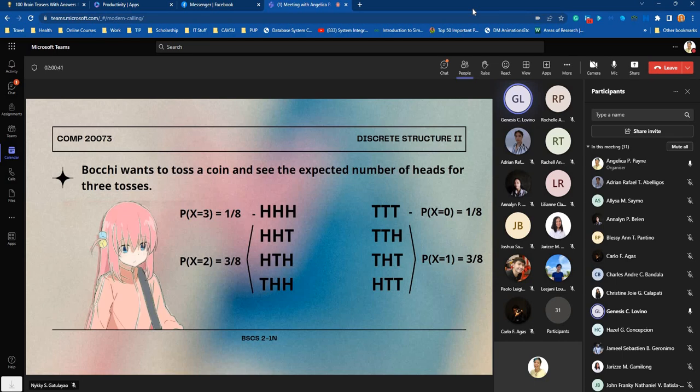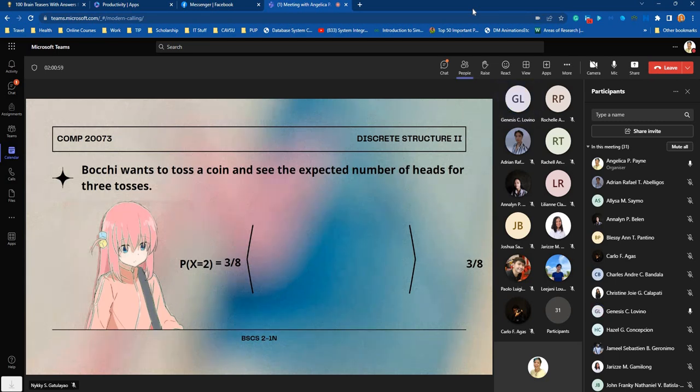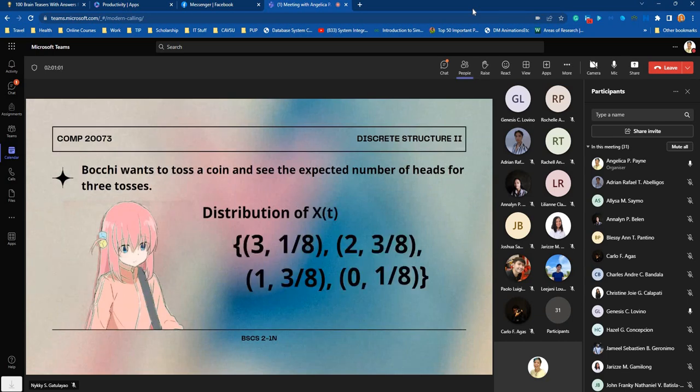So, kung titignan natin yung ating formula kanina, it is the sum over all elements. It's a sum of the product of the probability and the value ng ating heads. So, therefore, ang mangyayari dyan would be like this. Next slide. Ayan, kinuha natin distribution of the sample space. And then next slide.